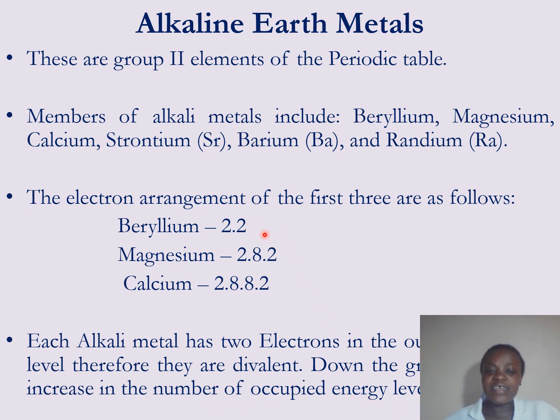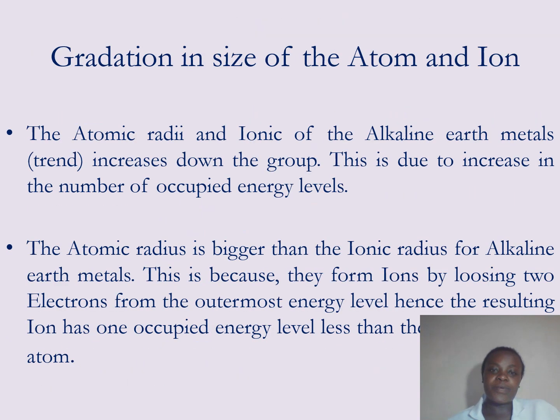Beryllium has 2 occupied energy levels, magnesium has 3, and calcium has 4. So the number of occupied energy levels increases as you go down the group.